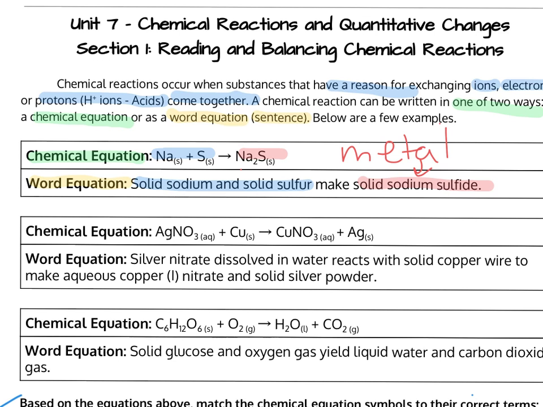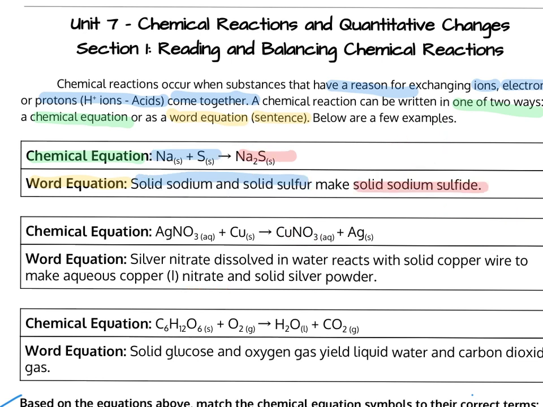And then for the last element, sulfur, you change the ending to "ide." Always to "ide," unless it is something like this, where you have more than two elements. And if you have more than two elements, you are going to look on your polyatomic ion sheet, and you are going to find nitrate like that.